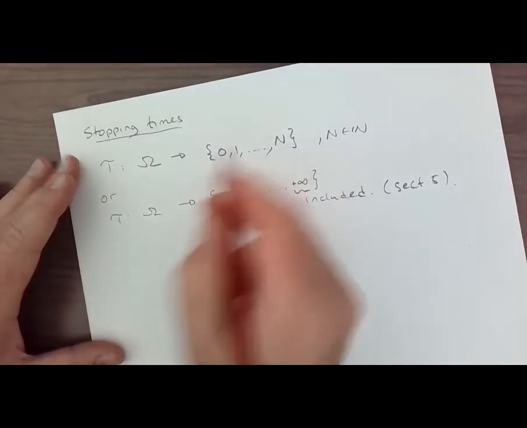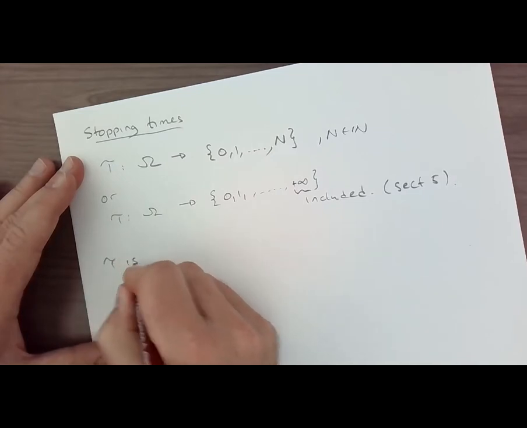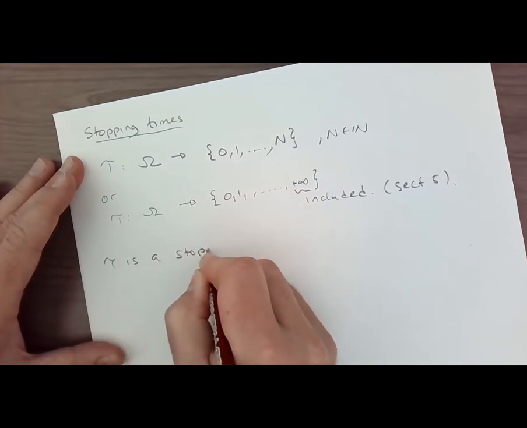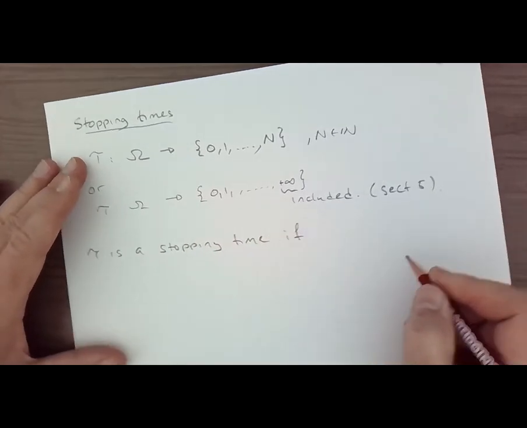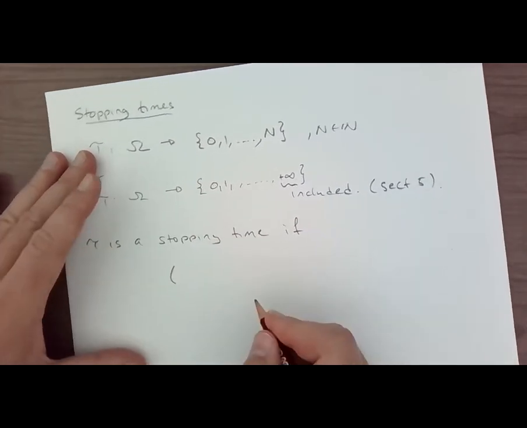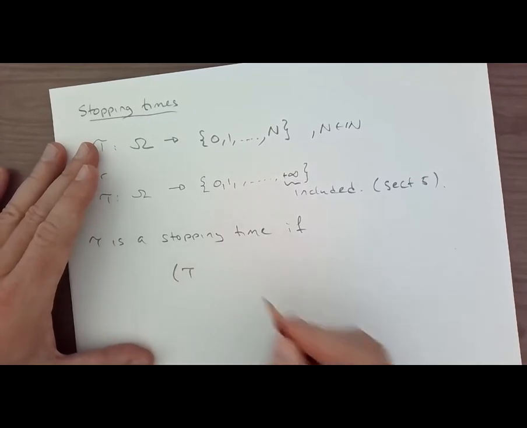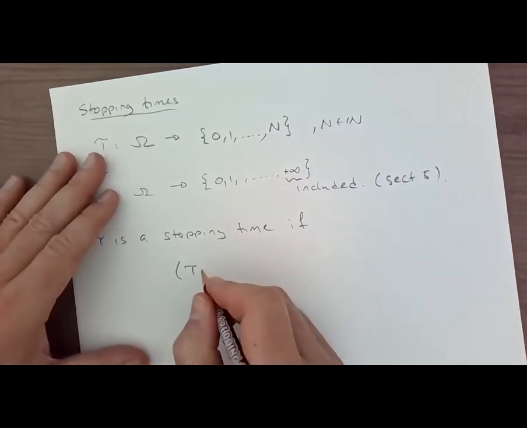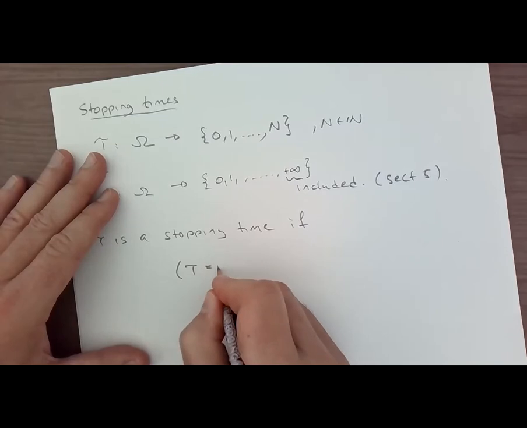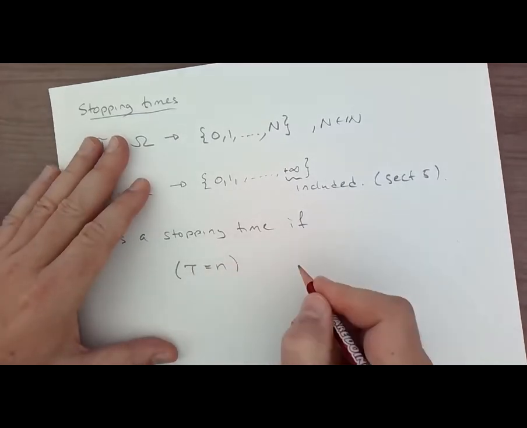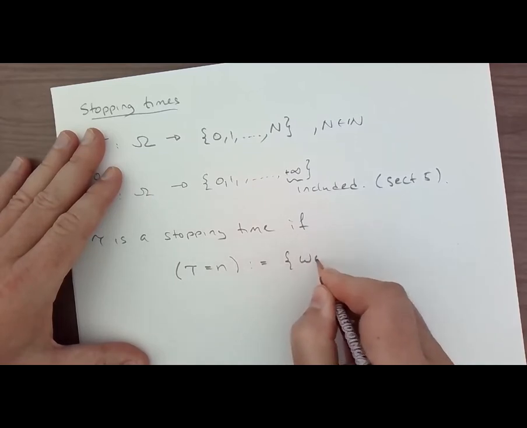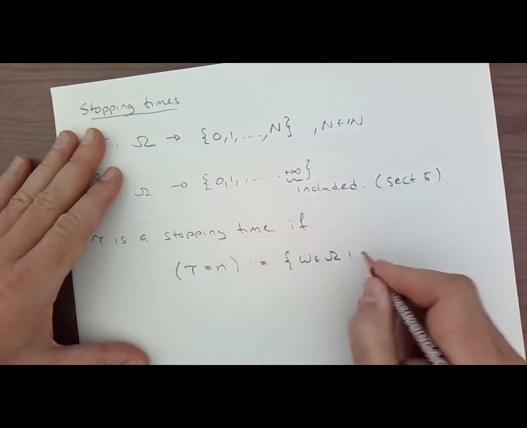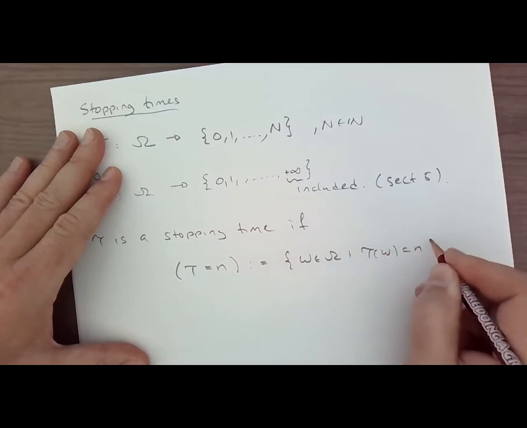So this is a random variable, and tau is a stopping time if this set, tau being n, right? So remember, by definition, it's those omegas such that tau of omega is n.